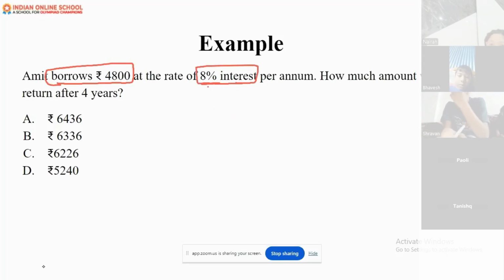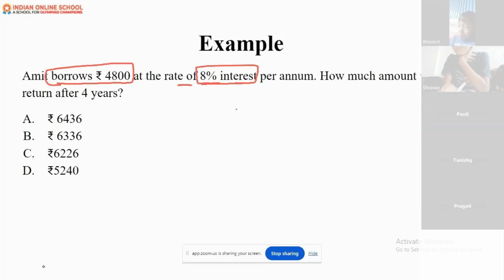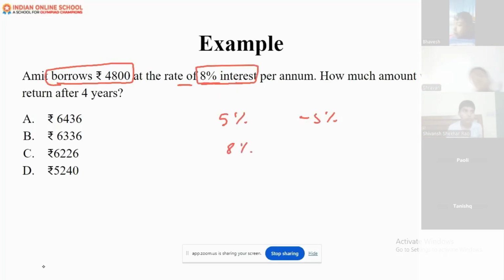Have you ever heard your parents talking about money, like they have borrowed some loan, or heard from somewhere that something is increased by 5%, something is decreased by 5%, or that a loan is at 8% interest, on 10% interest? Have you ever seen these types of lines?